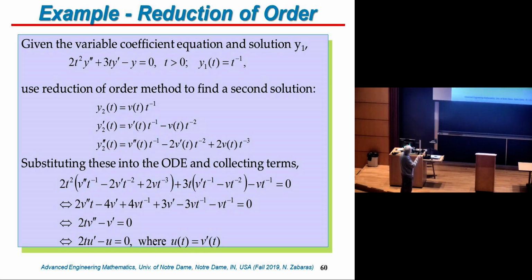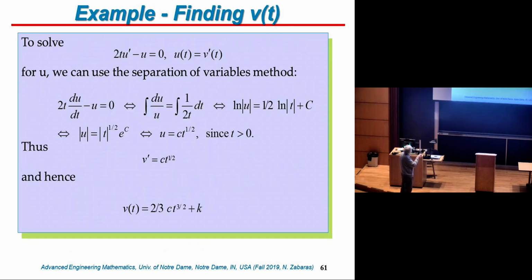And the answer for this problem: u comes to be t to the 1/2, all right? So if you integrate, v comes to be t to the 3/2. And we don't care about the constant term k there, because it will give us the original solution t to the minus 1.